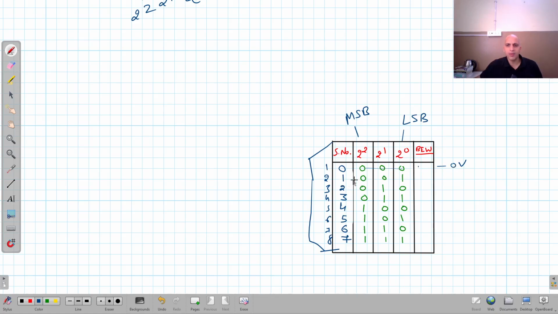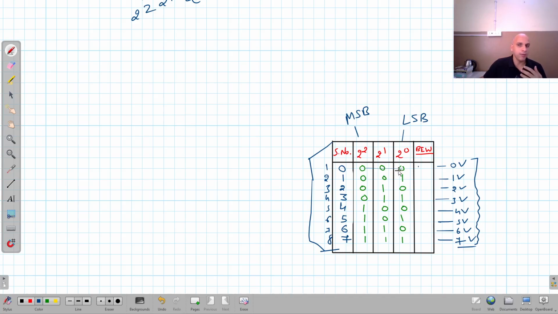When we move one step it means 1 volt, 2 steps 2 volts, 3 steps 3 volts, 4 steps 4 volts, 5 steps 5 volts, 6 steps 6 volts, and 7 steps 7 volts. So the maximum value in the corresponding analog signal will be 7 volt and the minimum value will be 0 volt. Now we want to see what the place value of a bit is.